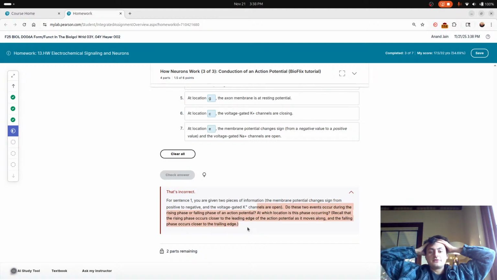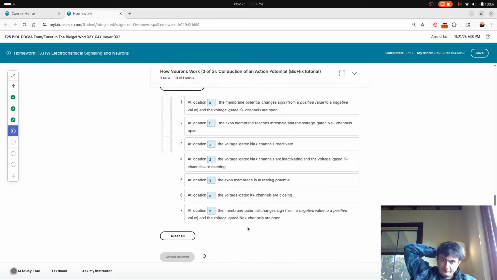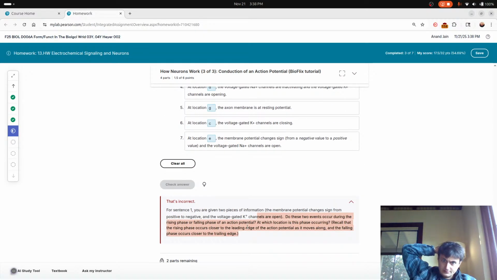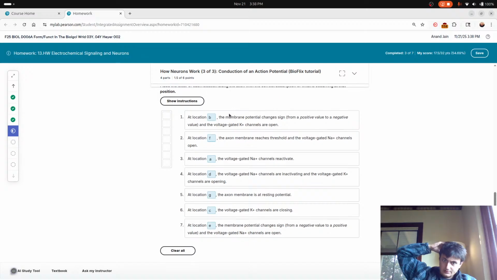For sentence 1, you were given two pieces of information. The membrane potential changes sign from positive to negative, so it's the falling phase. B is in the falling phase. Oh, you know what? I think we gotta switch these.